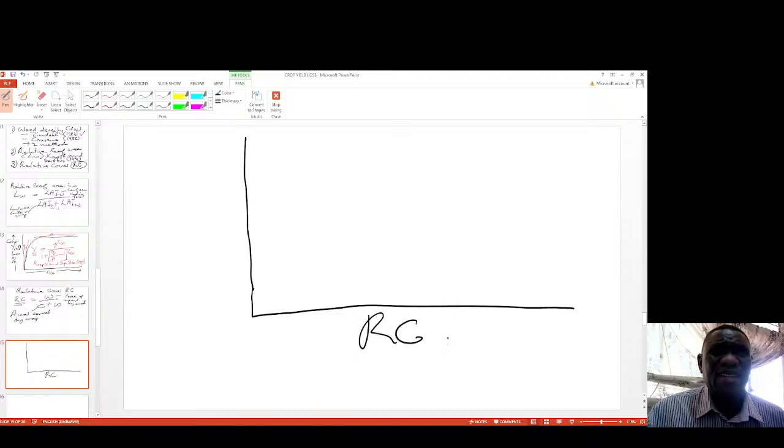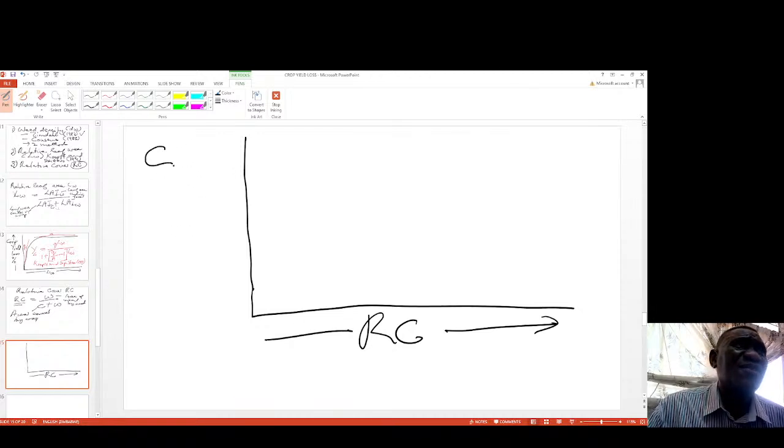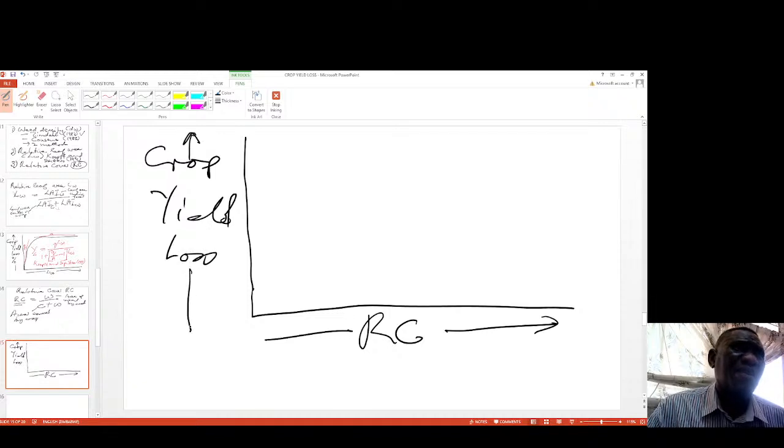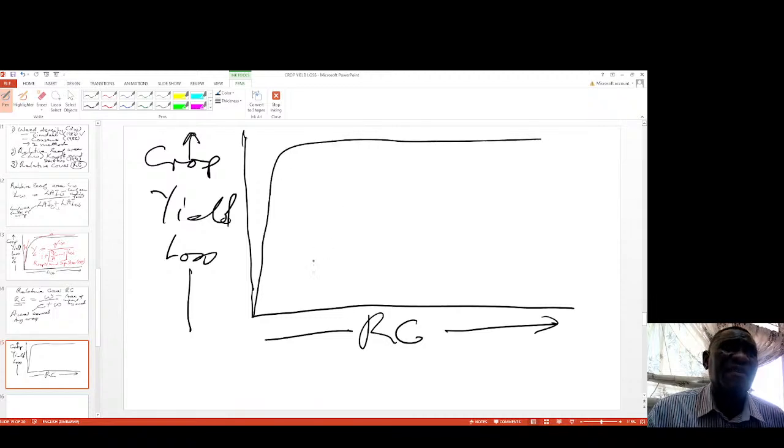So RC, relative cover, is now down here. Then crop yield loss. Again, A is here.